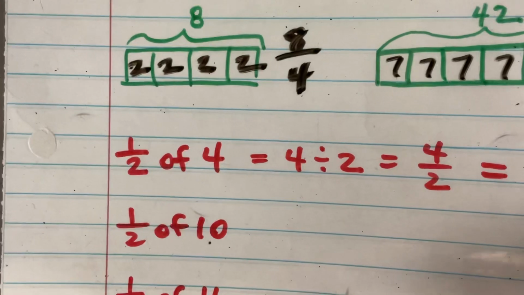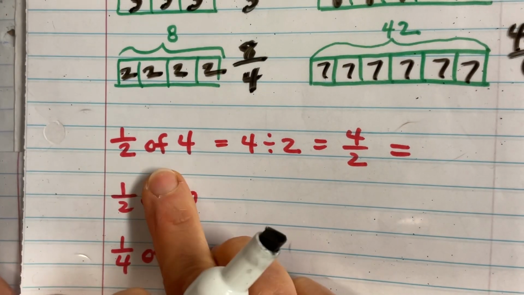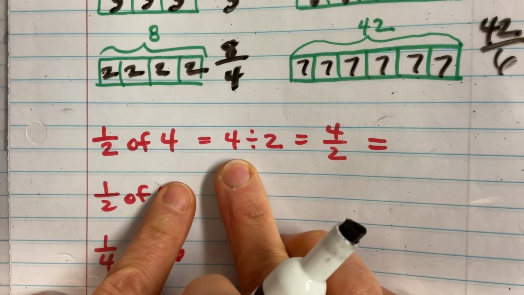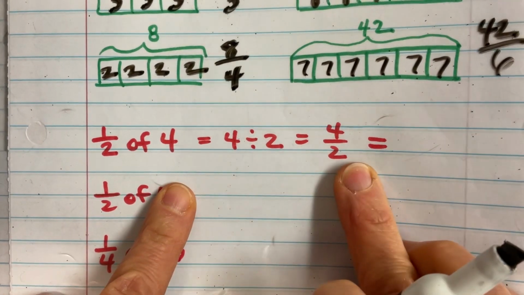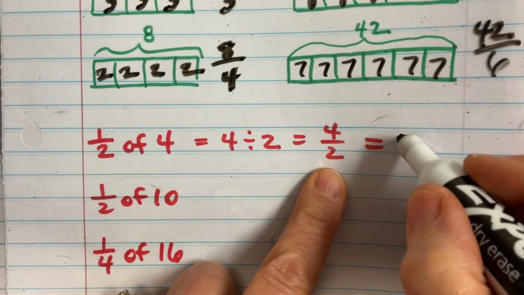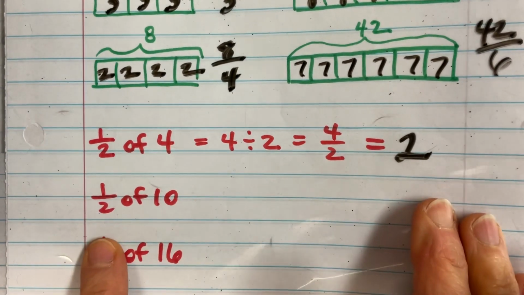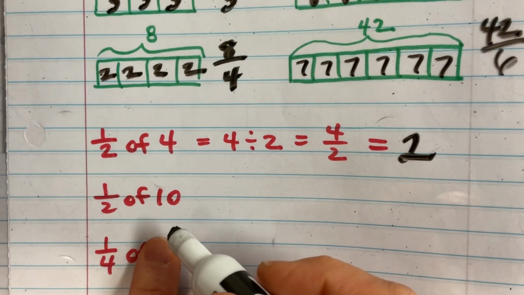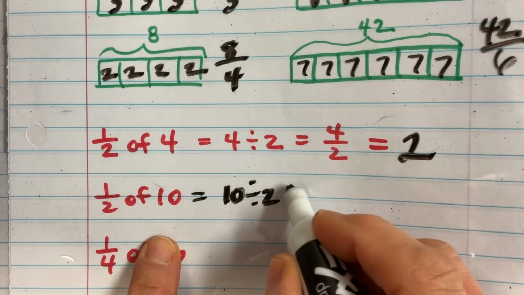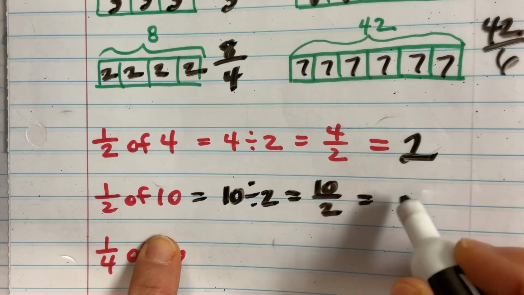Okay, just a little bit more warm up. If you see this phrase, a half of 4, you can think of that as 4 divided by 2. Could also think of it as 4 divided by 2 written this way. 4 divided by 2 is 2. A half of 4 is 2. A half of 10 is 10 divided by 2, or 10 over 2, which is 5.